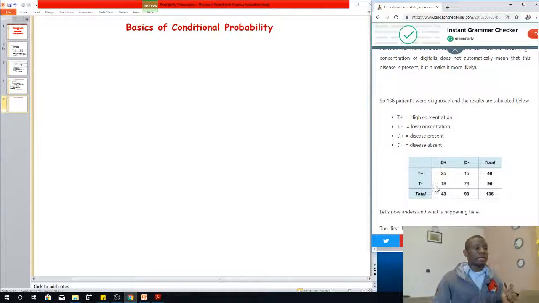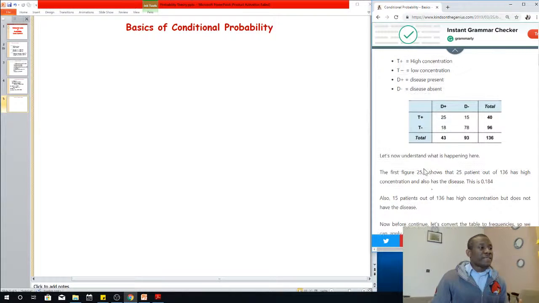Let's understand what is happening in this table. In the first case, we have D plus, D minus, T plus, T minus. The first figure, 25, under D plus and T plus, shows that 25 patients out of the 136 have high concentration of this substance and also have the disease, right?